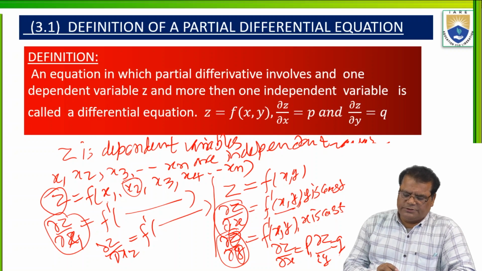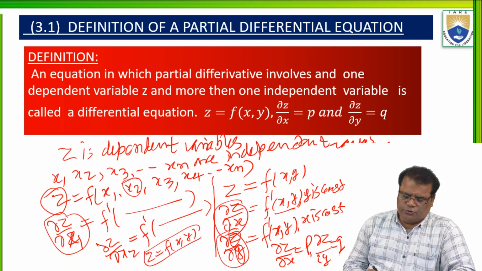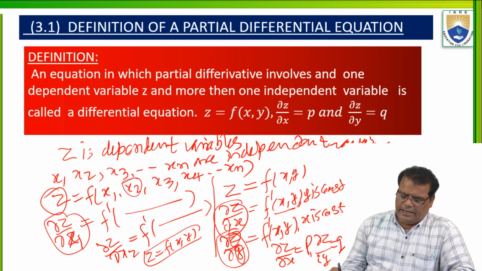Suppose I am giving one example of partial derivative: z equal to f of x comma y. This is the function. We want the total differential of z here. Total differential of z means dz equals f dash x dx plus f dash y dy.